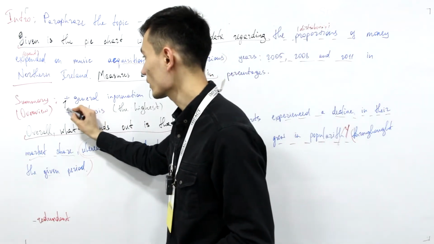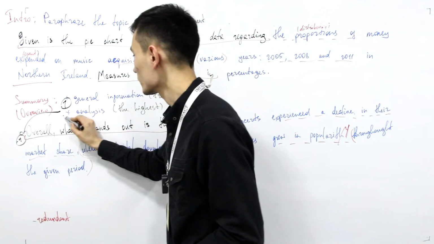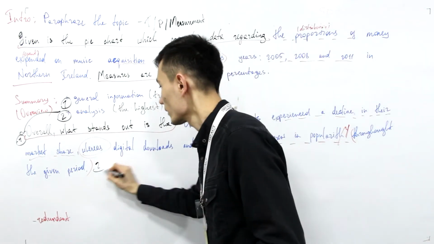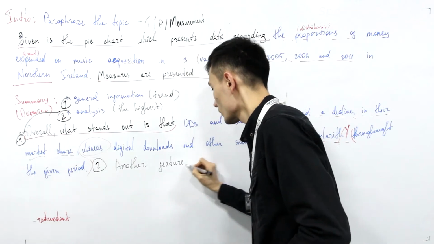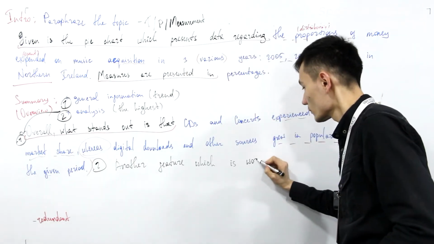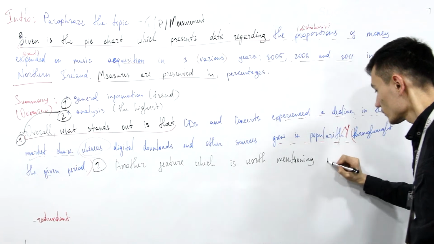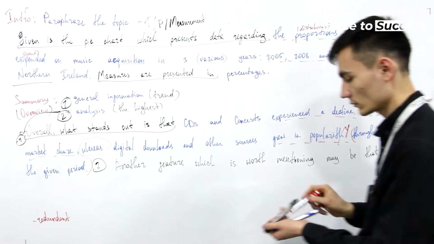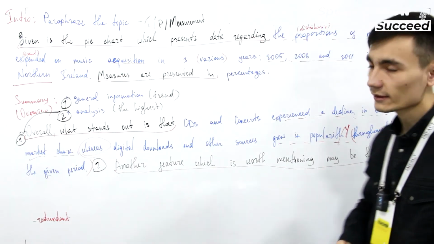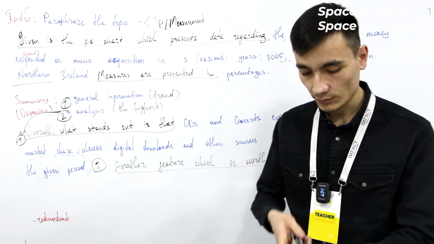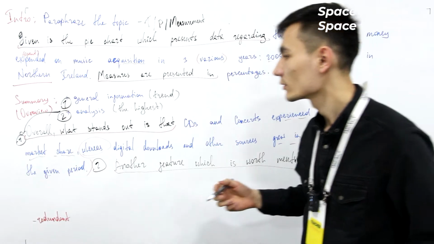So this is our first sentence, and the second sentence starts here. Another feature which is worth mentioning may be that, and you give the next part of the template, which is the highest point.